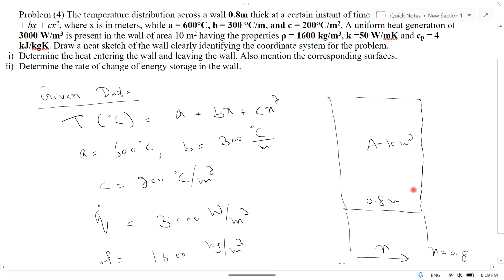This is the wall, and on one side heat is entered. Here energy enters, E in, Q at x is equal to 0.8, and here energy out, E out at x is equal to 0.